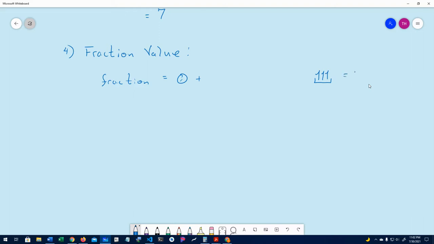We know that is a value of 7 in base 10, or decimal. I'm going to take my actual value in decimal, place that in the numerator, and divide by my base 2, raised to the total number of bits, which is 3. And that's going to give us 7/8, which is 0.875.